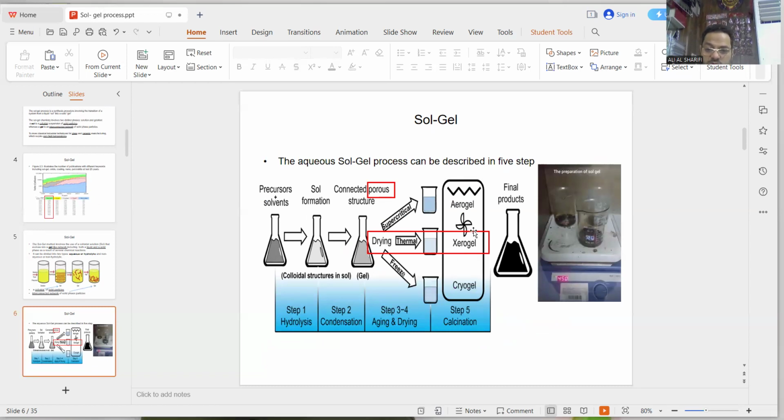Here, the xerogel, like I said before, is in another picture. Actually, I put it in my thesis. It's helpful, illustrating to us all of these five steps of sol gel. The first one is hydrolysis, when I put in all of the precursors plus solvents. The solvents, like I said before, were pure water with hydrochloric acid.